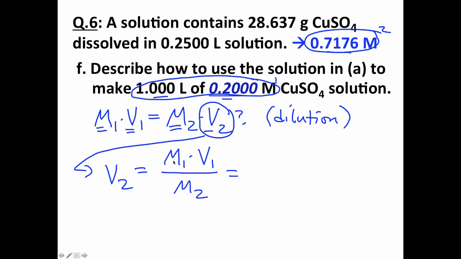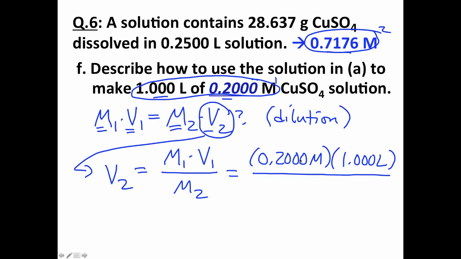And the molarity of solution 1 is 0.2000 molar. The volume of solution 1 is 1 liter. The molarity of solution 2 is 0.7176 molar. And that ends up equaling the volume of solution 2 that we would like.